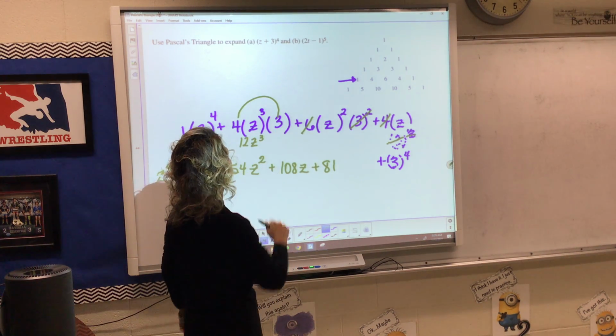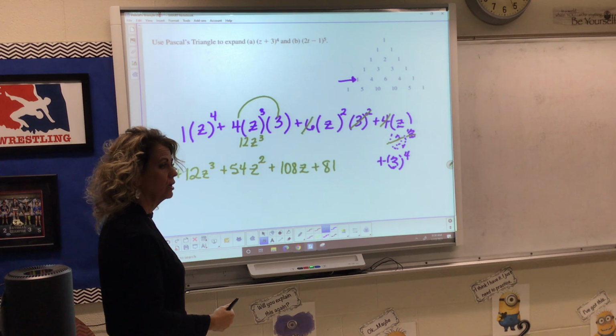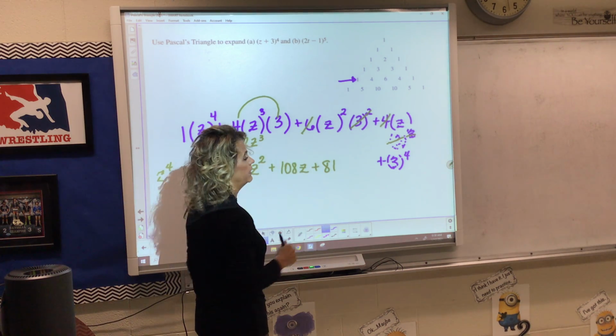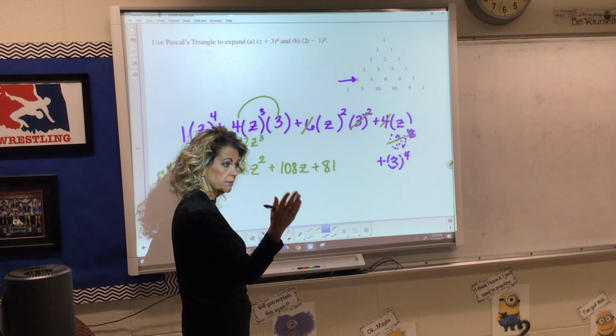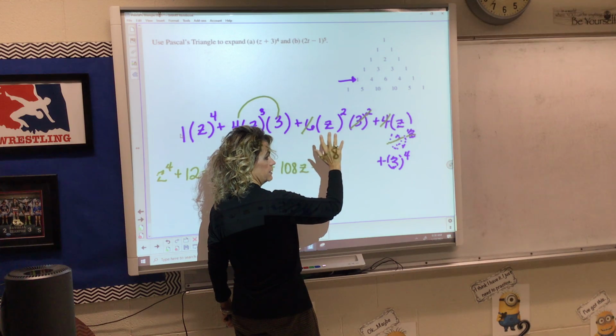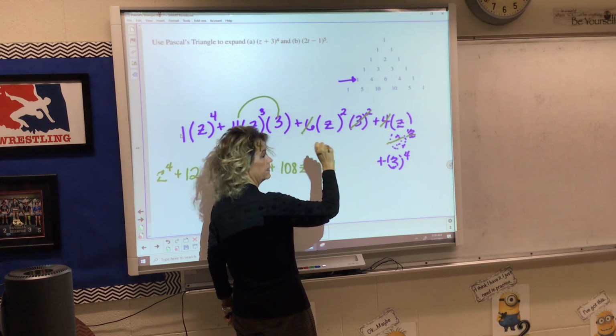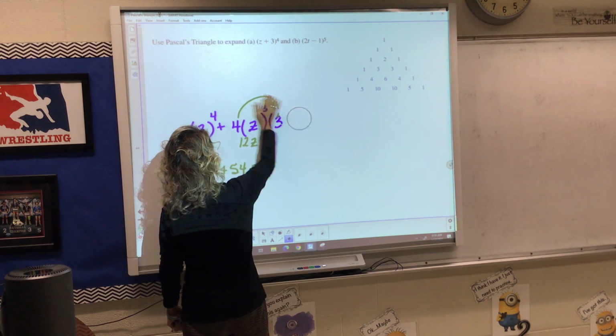Okay? Now the next one, 2t minus 1 to the 5th power. So we're going to use which line up here? Bottom one. Absolutely. We're going to use the bottom one. Can I erase this? Anybody need it? Okay. Erase that one.